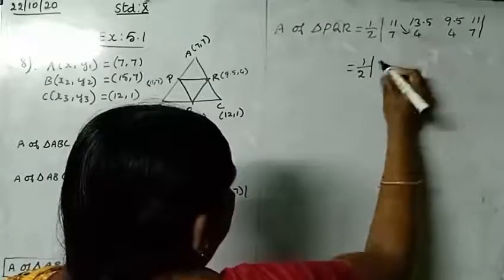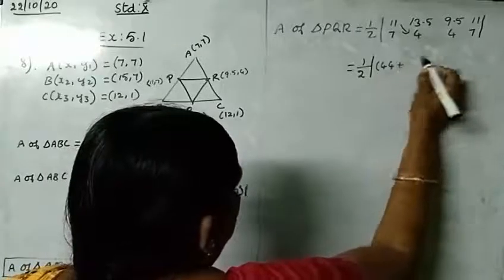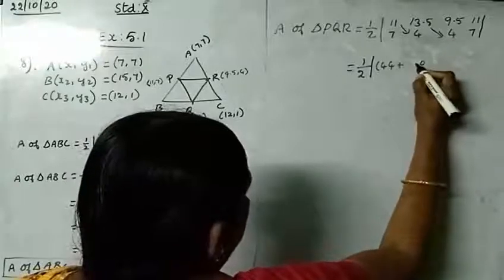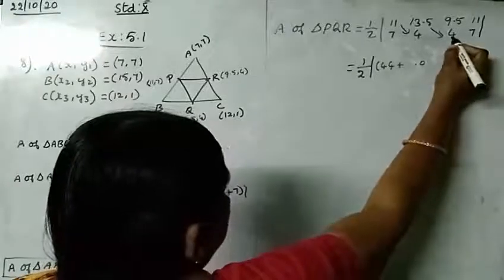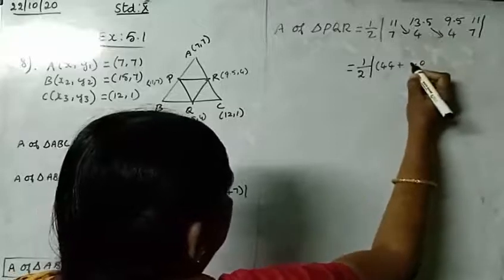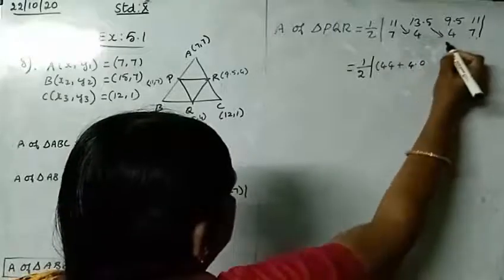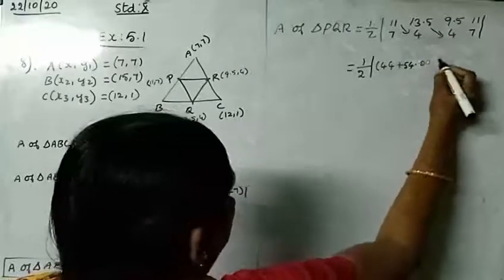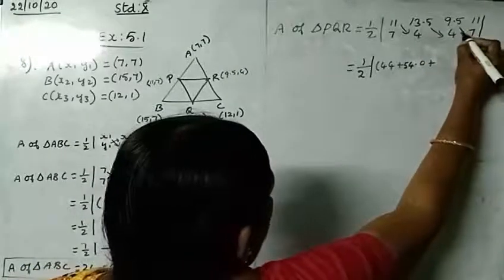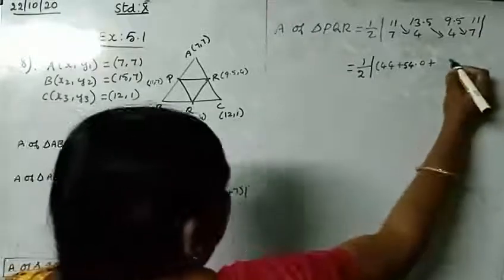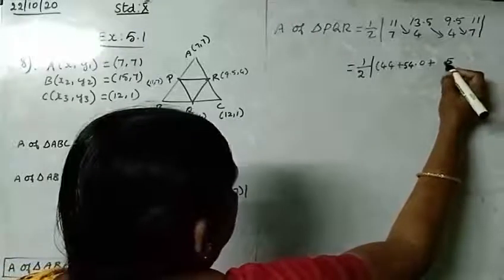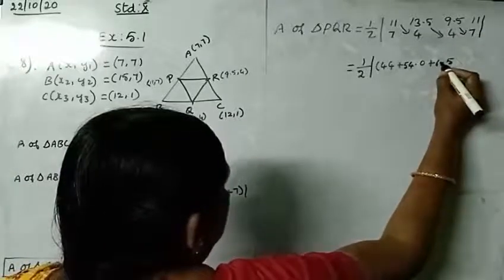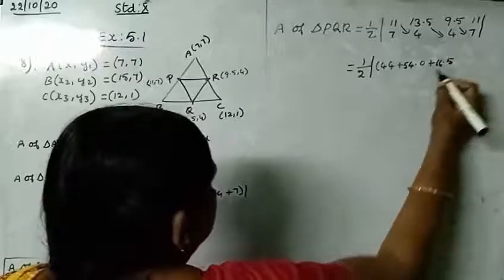First, 11 4s are 44, plus 4 13.5s are 54, plus 9.5 into 7 is 66.5.